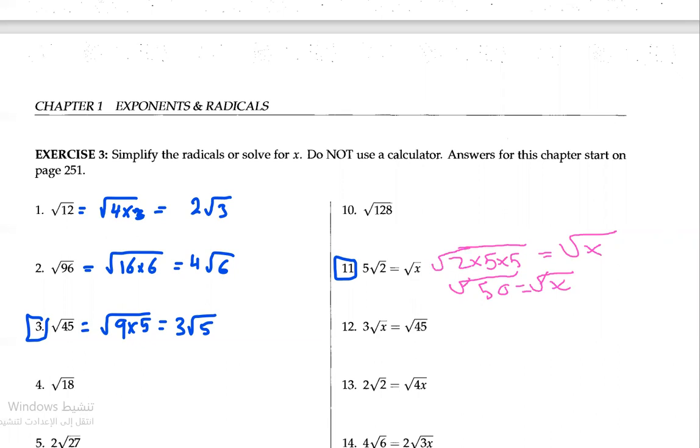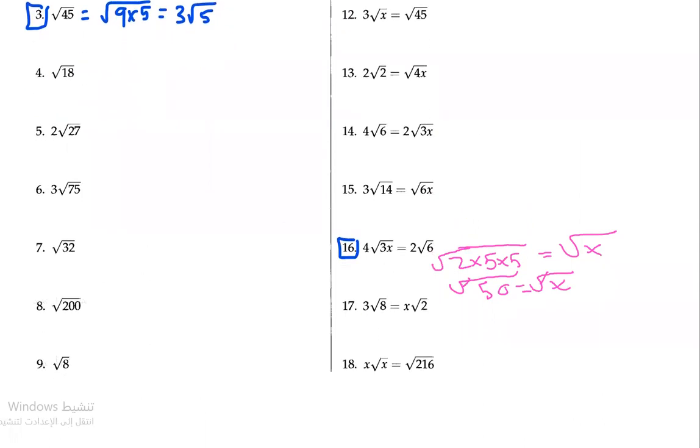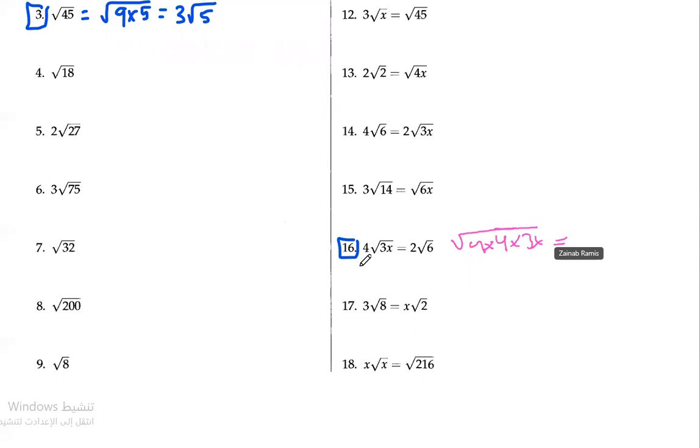Okay, can you do number 16? All right. Shall I erase? Okay, I'll erase this. So we're going to do the same thing here. 4 multiplied by 4 multiplied by 3x equals 2 multiplied by 2 multiplied by 6.